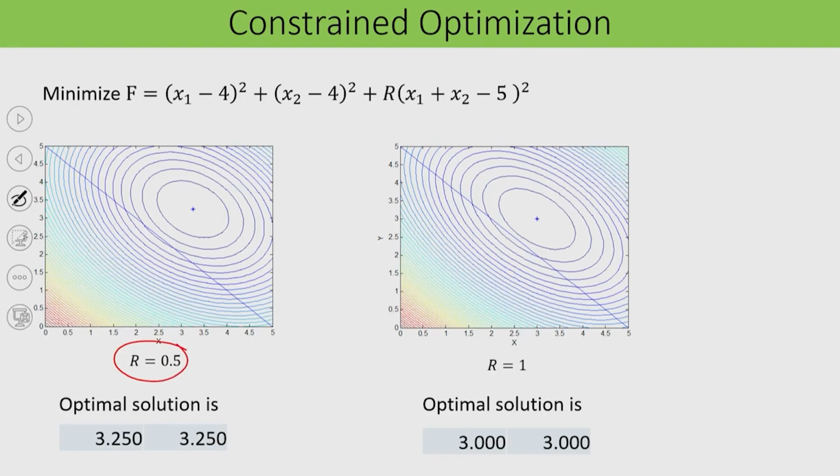So, I have started the algorithm with r equal to 0.5, and the solution is 3.250 and 3.250, somewhere here. And this is for r equal to 1, and this solution is 3 and 3.